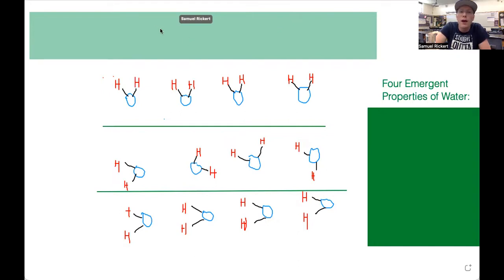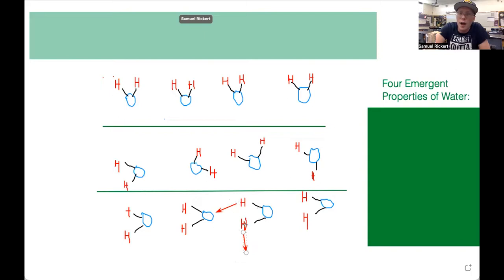Now, what happens with the hydrogen bond? I erased one of my hydrogens, but we'll use these 2. What happens with hydrogen bonding is this hydrogen is able to interact with an adjacent oxygen. This hydrogen would be able to interact with another oxygen somewhere else. This is a two-dimensional drawing, so it's a little hard to show that.